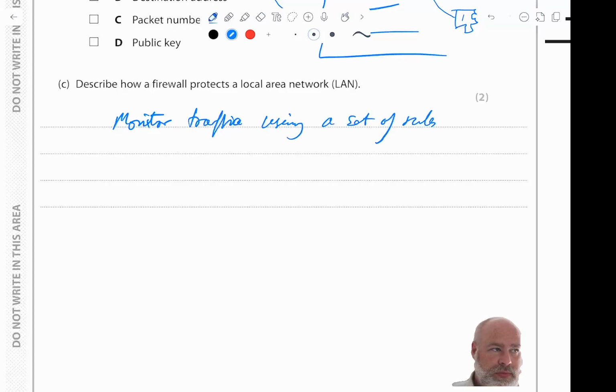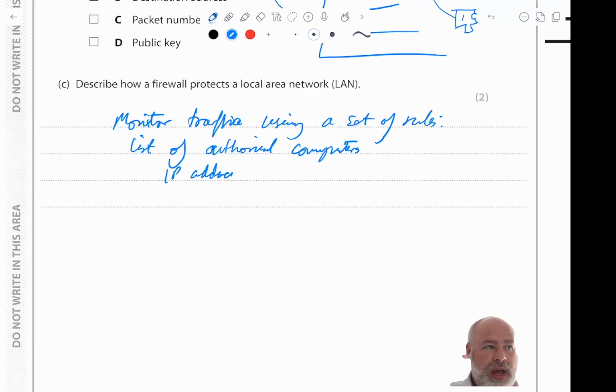It could be a list of, let's say, authorized computers or IP addresses. It can also work by having what we call ports open and closed. So you can have, let's say, port 80, which deals with Apache web.